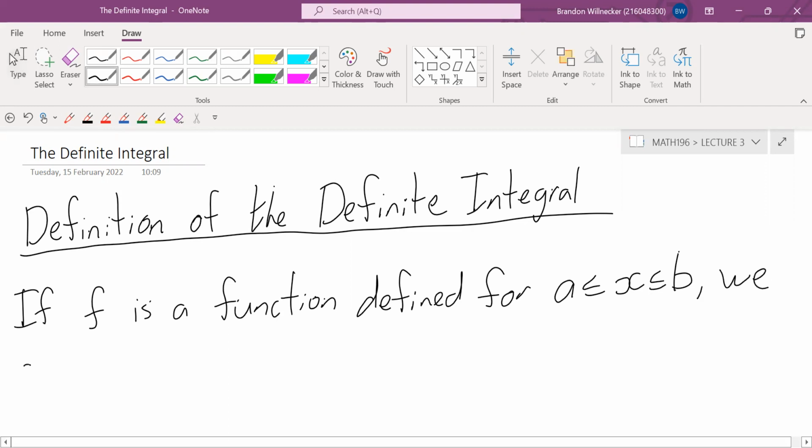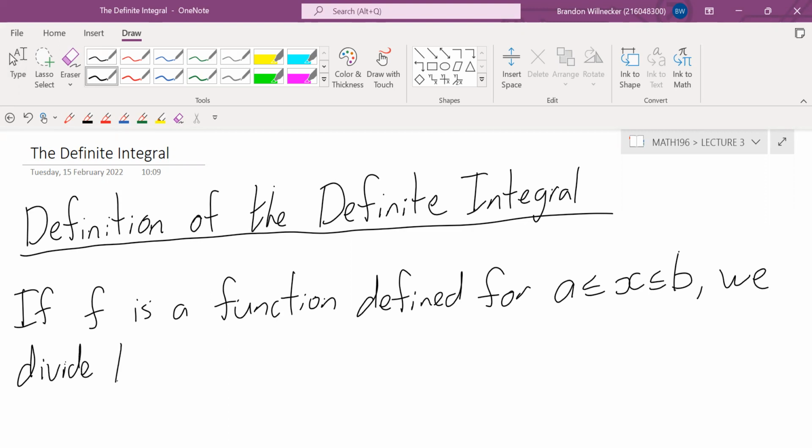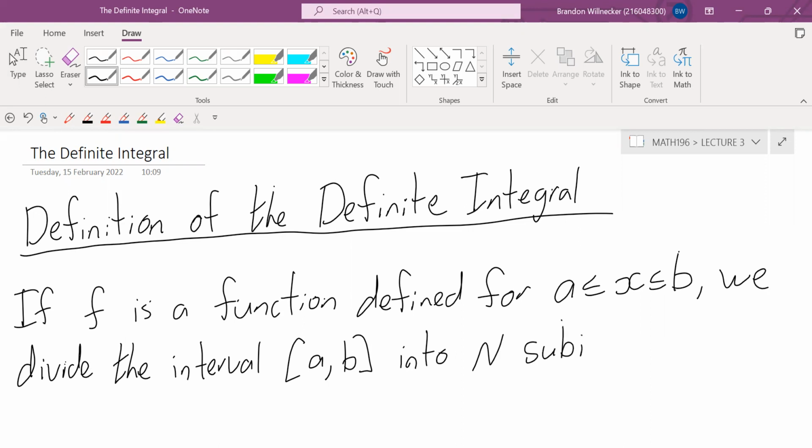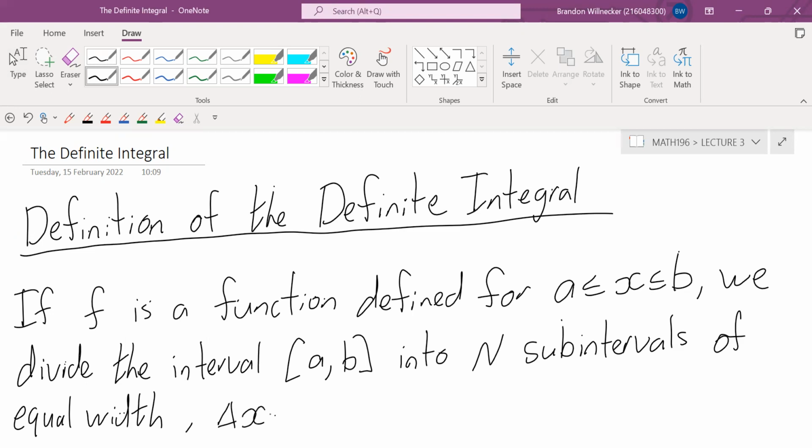We divide the interval a, b into n subintervals. Remember, those were the widths of our different rectangles that we mentioned before, of equal width. And then that's going to be given by delta x is b minus a over n.